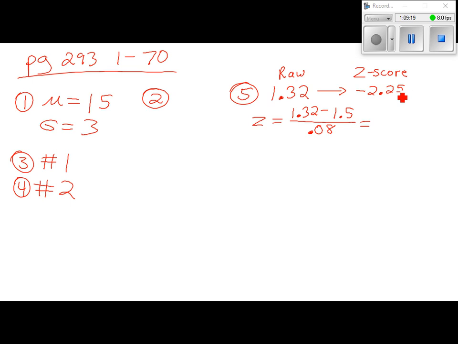I believe it. Make sure if you're doing this, you do the top first, then hit equals, then hit divided by. So that's changing this from a raw score into a z-score. Remember that formula is just z equals x minus mu divided by sigma. Think you could handle that on all those? Yeah.